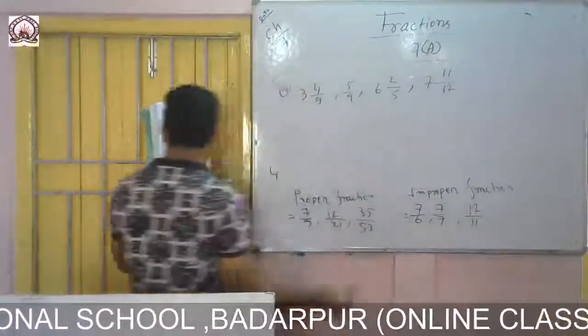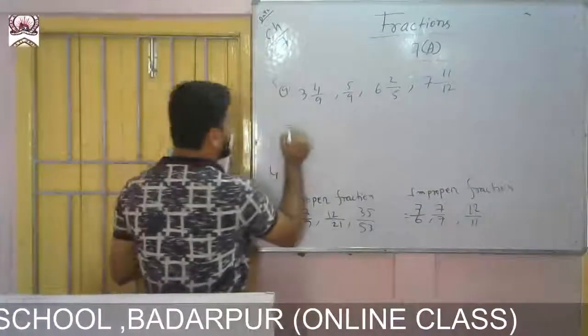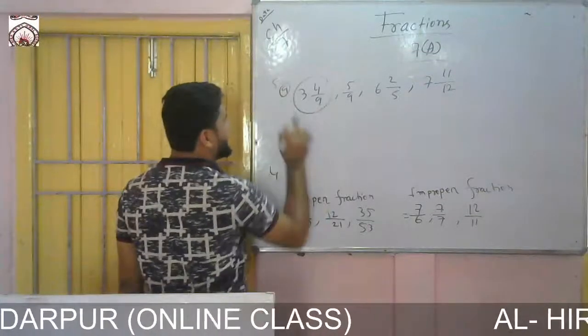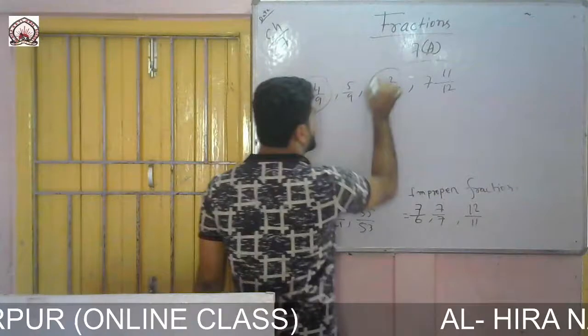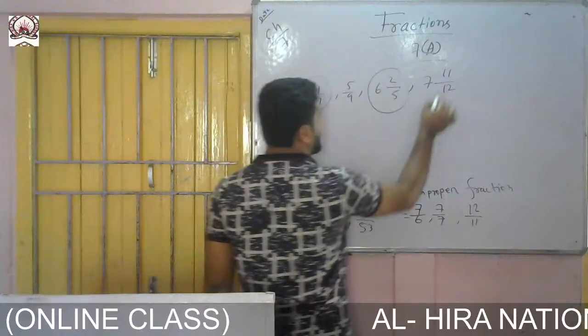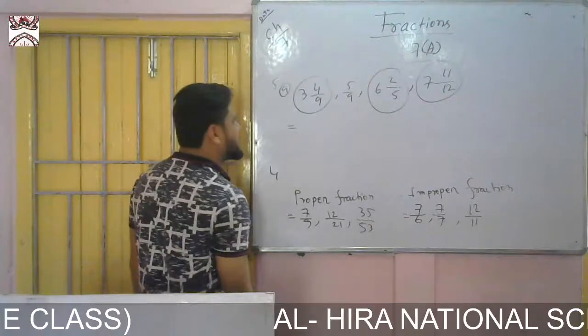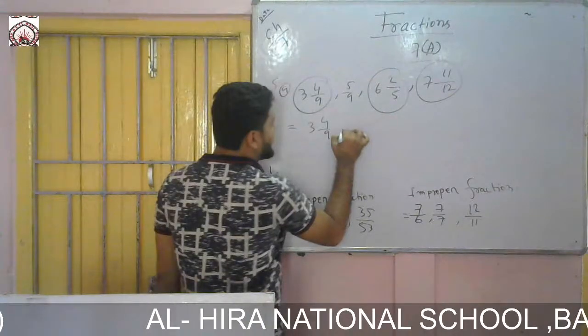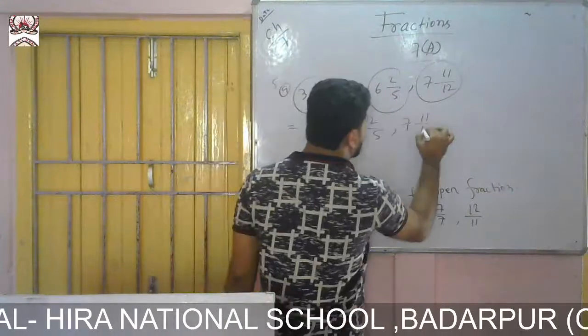Among these, which is a mixed fraction? Yes, this one, because 3 is a natural number. This one, 6 is a natural number. This one, 7 is a natural number. So these are 3, 4 by 9, comma 6, 2 by 5, comma 7, 11 by 12. These are mixed fractions.